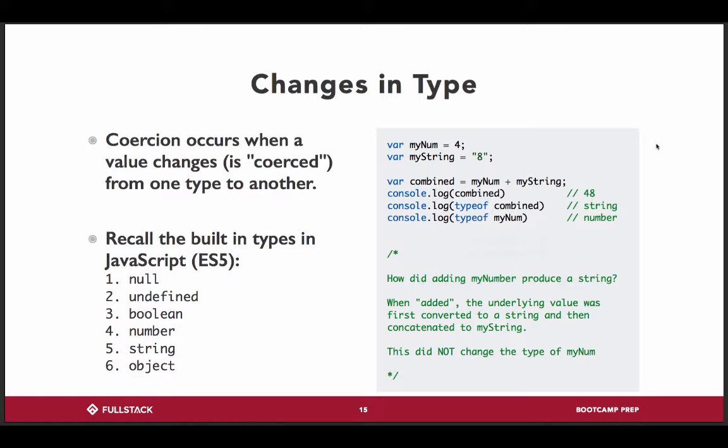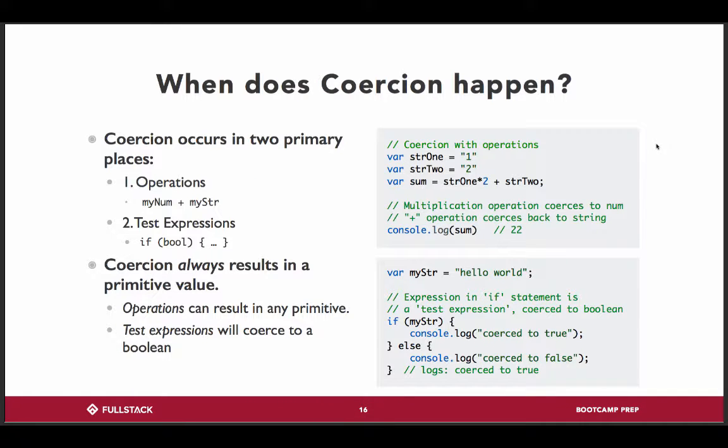You can change strings into numbers, numbers into strings. But if you're just trying to add two things together or something, it sort of decides for you, and it'll coerce it into one of them. This next slide is about that.